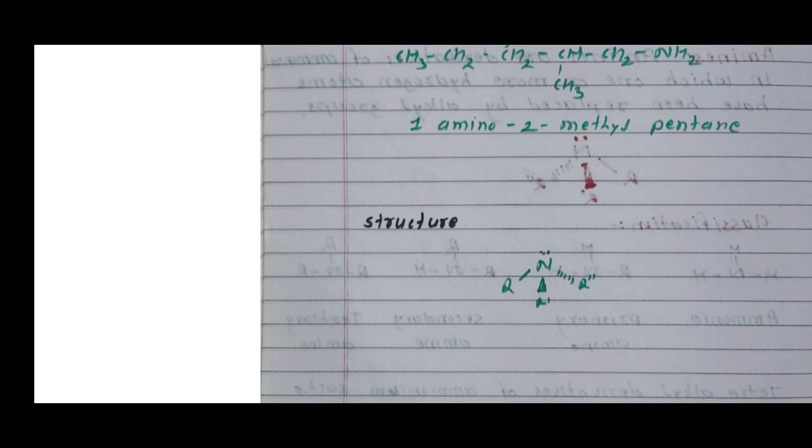Instead of tetrahedral shape, amines are pyramidal in shape, which is a general structure for most sp3 hybridized molecules. An sp3 hybridized molecule is tetrahedral in nature, but in case of amines the molecule is pyramidal due to the lone pair of electrons on the nitrogen atom.